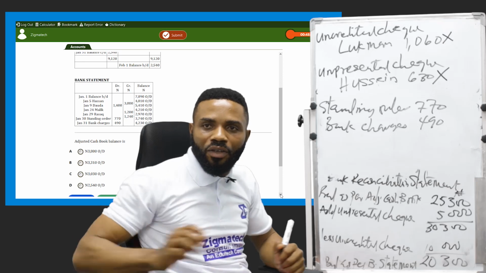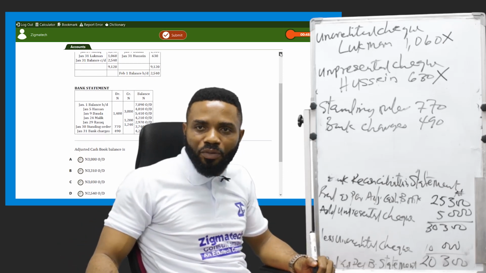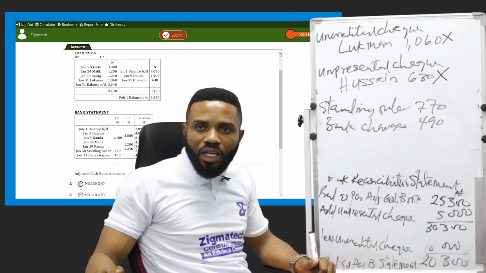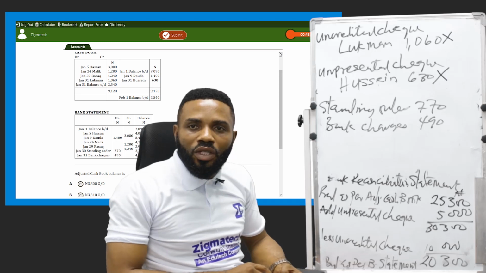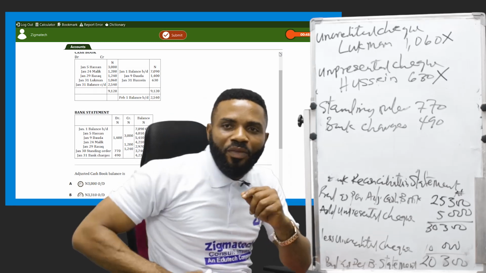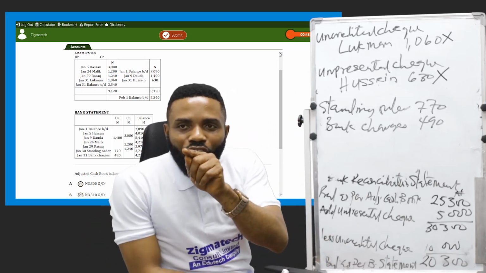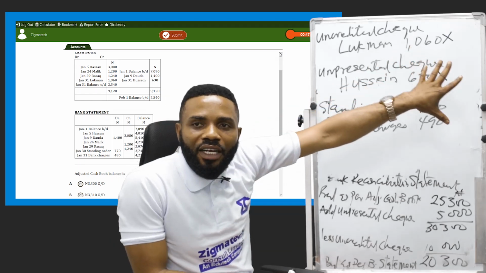What is the balance of the cash book? Let's go up. From the question, the balance of the cash book is 2,540. Now, let me point this out: normally, your debit side is supposed to be greater than your credit side.